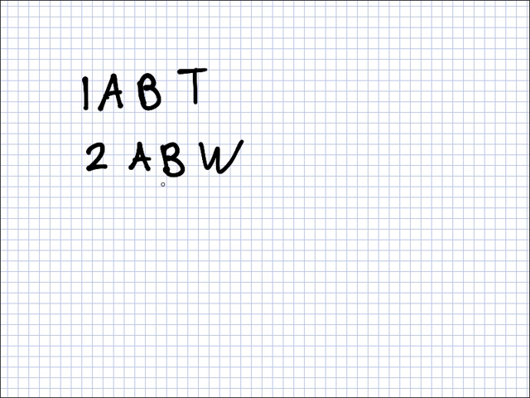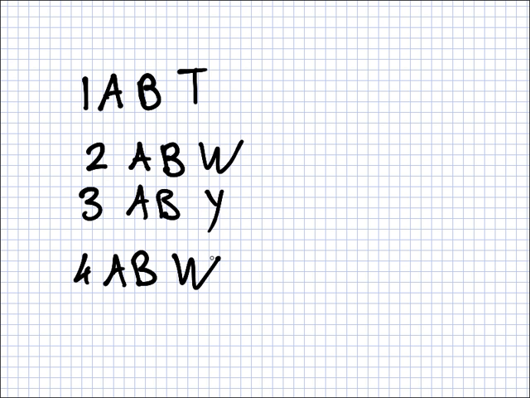So we'll say 1A, B, and T, 2A, B, W, 3A, B, and Y, and 4A, B, and W. Okay. So you can get a start on this now, and I want to have a look at just how everyone's doing with their work, making sure everything's okay.